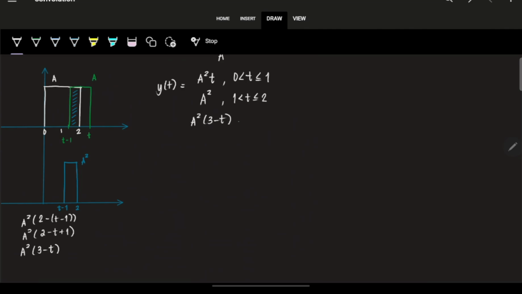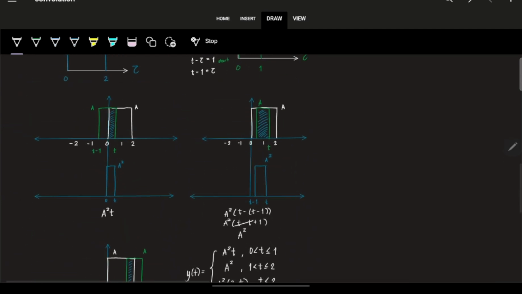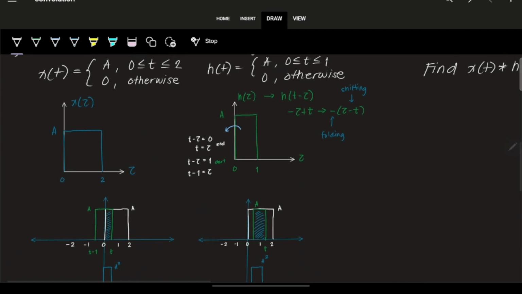This is when t is greater than 2. And 0 otherwise. So this piecewise function y of t is the result of the convolution of this signal, x of t and h of t.